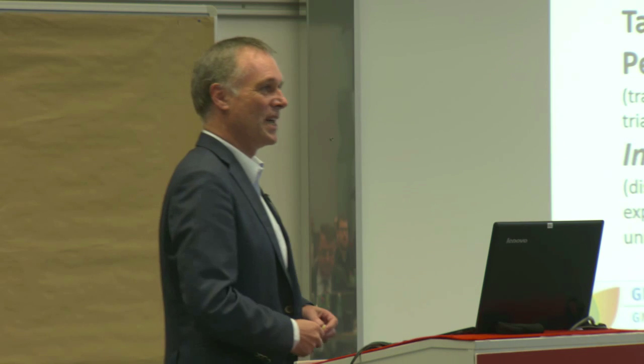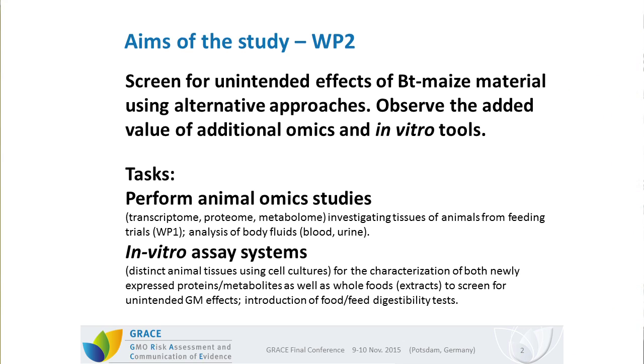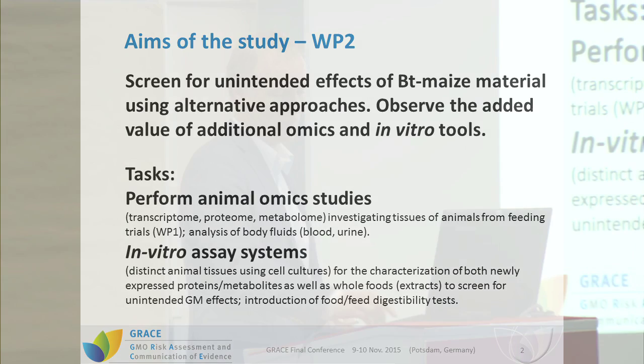Therefore, as you have seen before, to introduce you again to our aims, we would like to screen for unintended effects of the Bt-maize material by use of alternative techniques and approaches, and therefore we added some new and well-known in vitro assay systems. The task is to perform animal omics studies, and another task is to provide new data on possible in vitro cell culture systems.